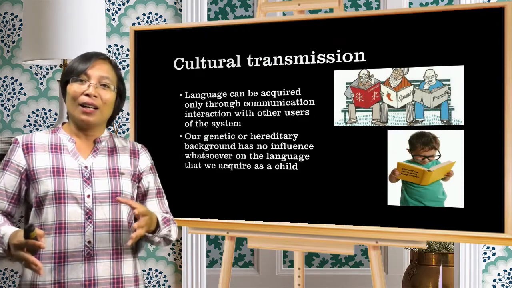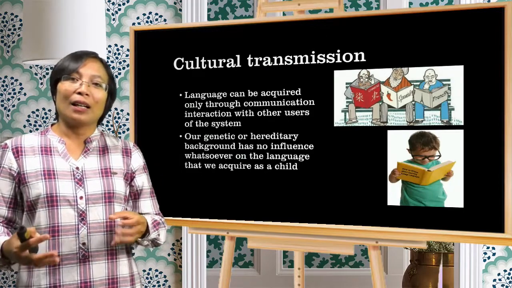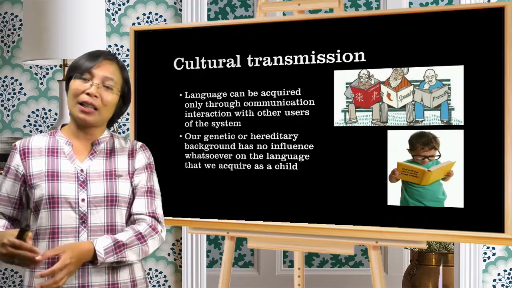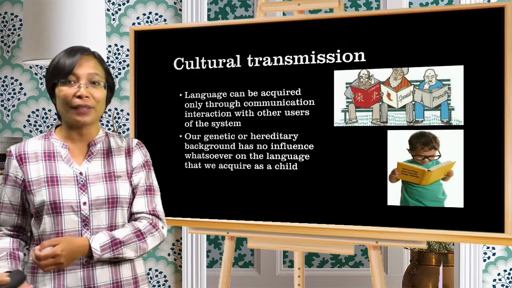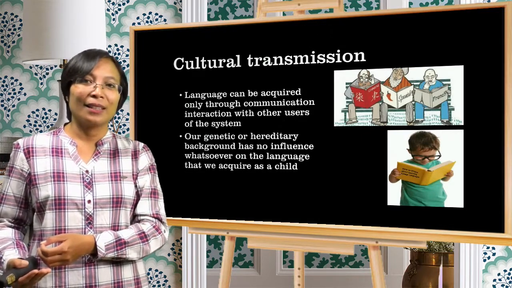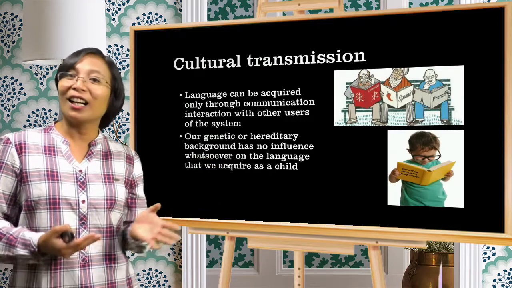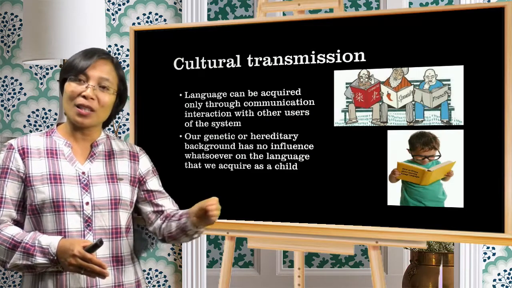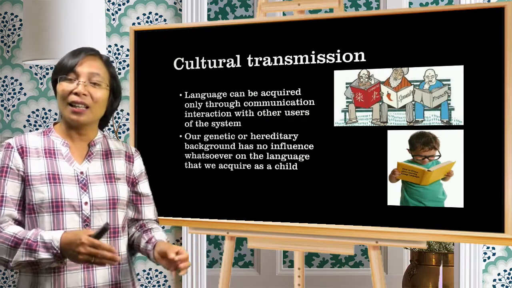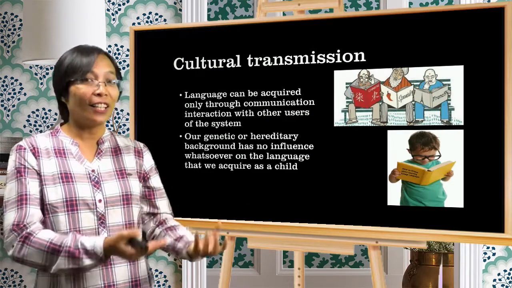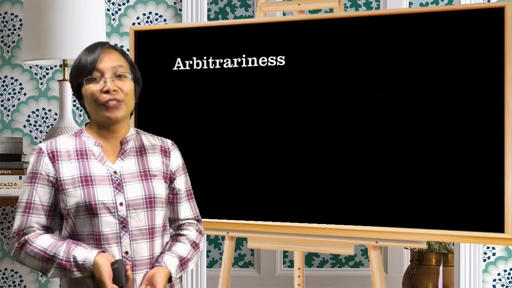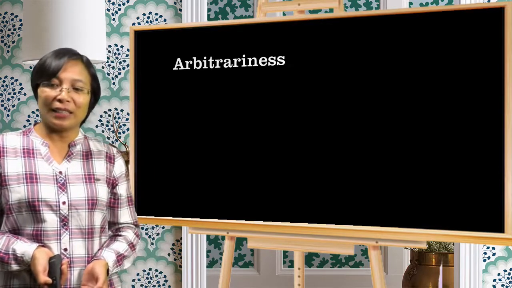It means that right from the time a puppy is born, the puppy can acquire exactly the same language as the mother. So this is cultural transmission. That is the process of transmitting the language through the culture. The next feature is what we call arbitrariness.